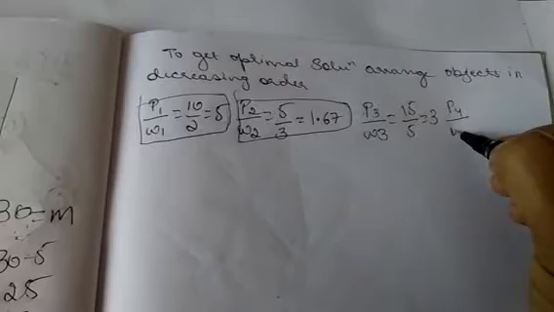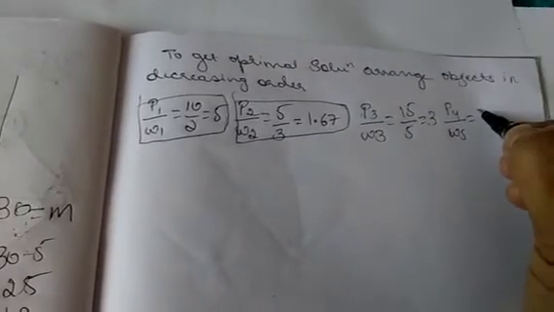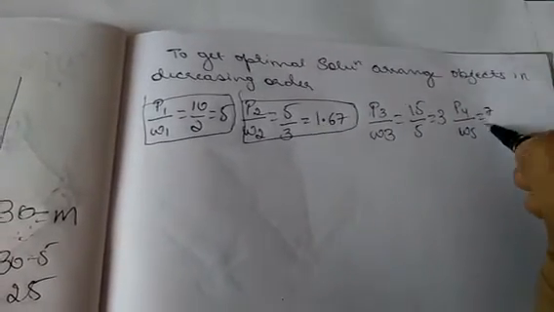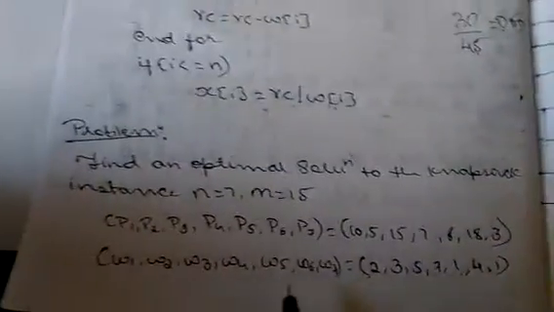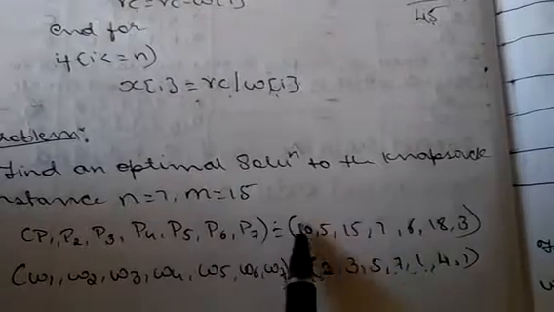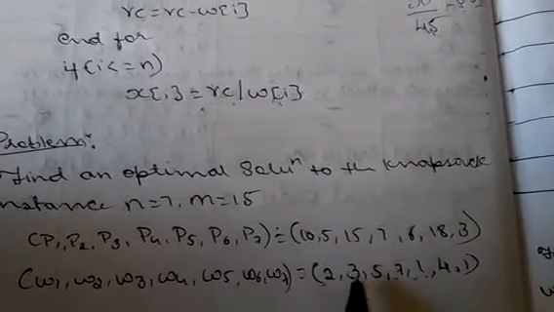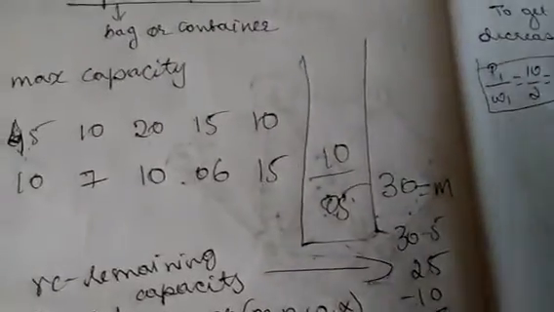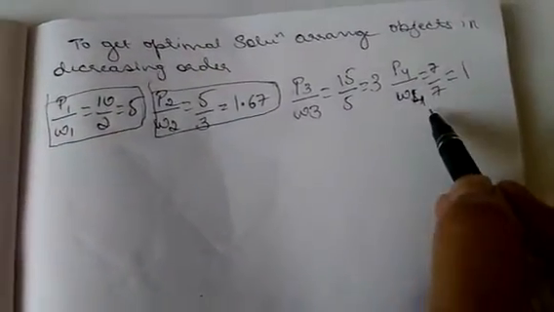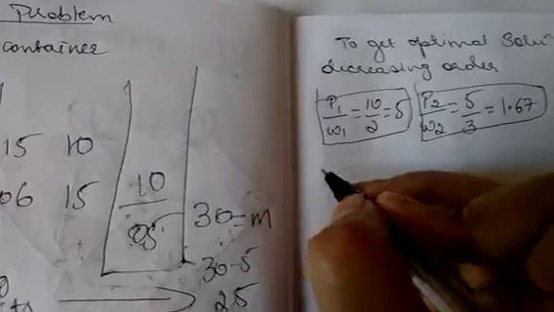Then P4 divided by W4. P4 is 7 and W4 is 7, that is equal to 1. Don't get confused, I am taking from here: P1, W1, P2, W2, P3, W3, P4, W4, P5, W5. P4 and W4, 7 divided by 7 is equal to 1.